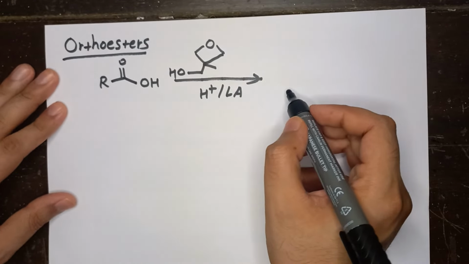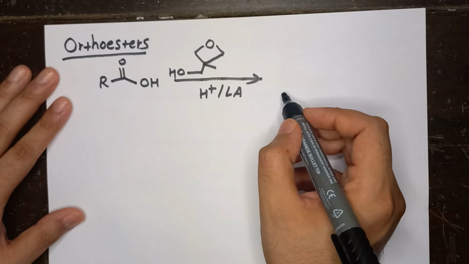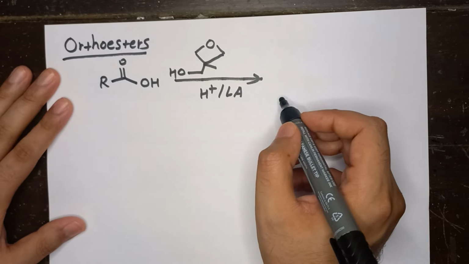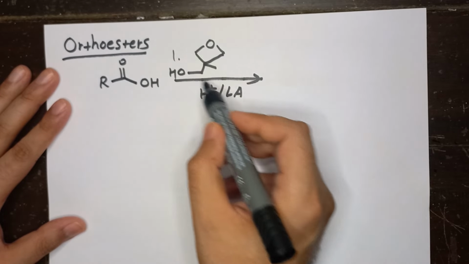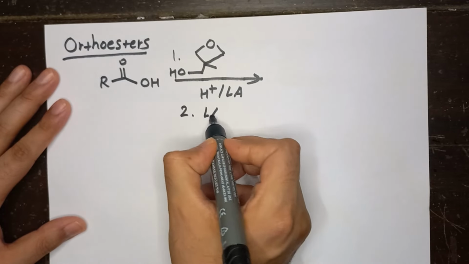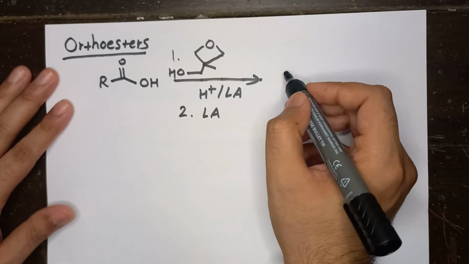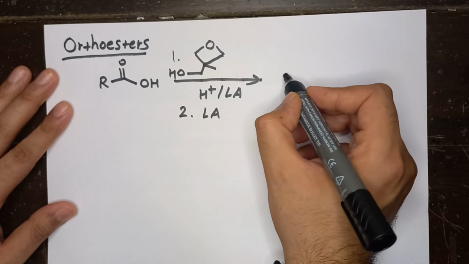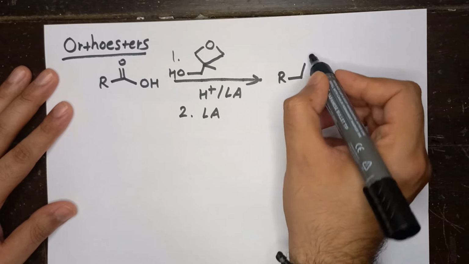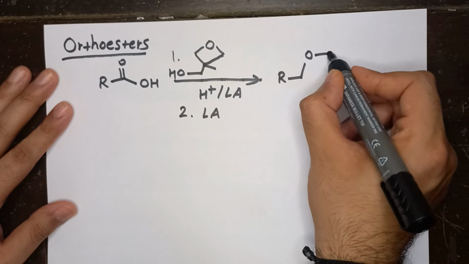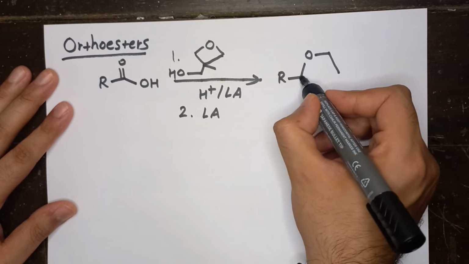In first step you need this molecule, in second step you need Lewis acid, and the product is going to be, the product is a little complicated, but the mechanism is pretty straightforward.